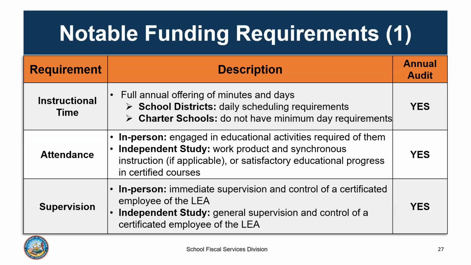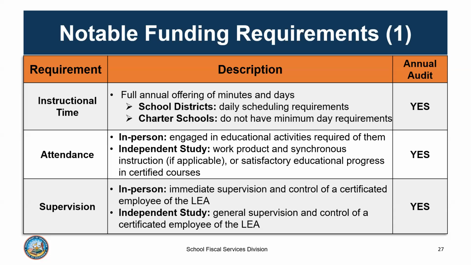The next few slides highlight notable funding requirements that must be met in order to generate ADA. These slides provide a high-level overview and do not address every specific condition of apportionment. Notable funding requirements include instructional time, attendance, and supervision. The instructional time requirements include a full annual offering of minutes and days. For school districts, this includes daily scheduling requirements.